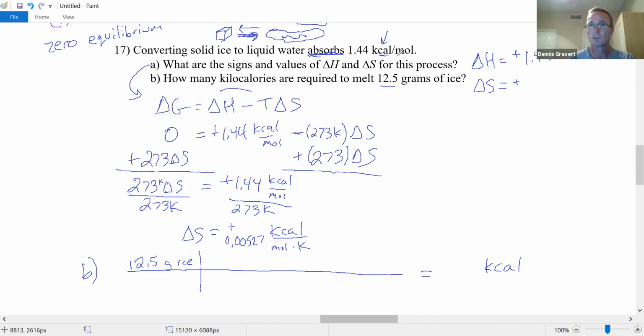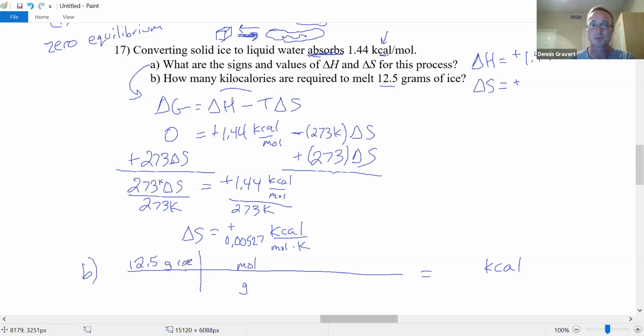Kcals per mole. If you had 1 mole of water that was frozen, 1 mole of ice takes 1.44 kilocalories to melt it all. Darn it, why didn't you say we had 12.5 moles? That would have been easier. No, they told us we have grams, so you gotta get out of grams and into moles.